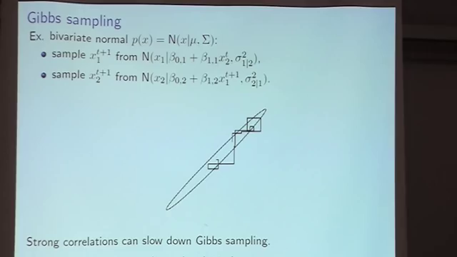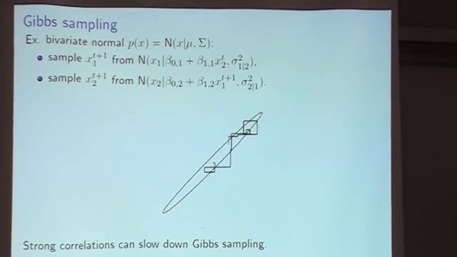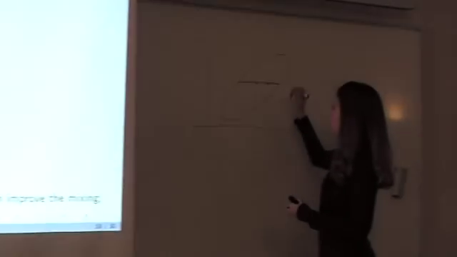So what's going on here is that, say we start here at x naught. We sample x1 given x2, so it'll roughly be in here. So say we get some value here.